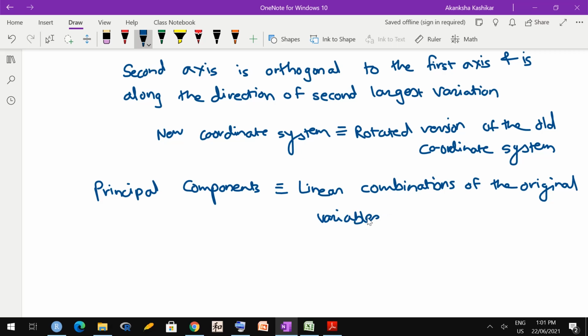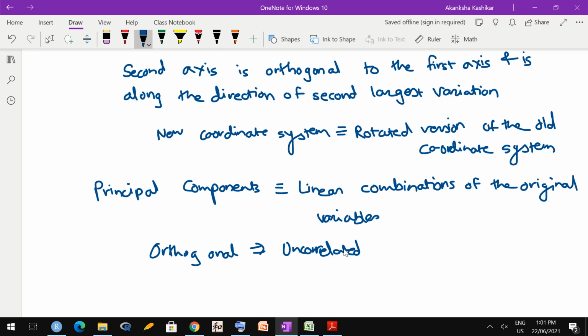Okay, so you choose first linear combination to be that which has largest variation. Variation in the sense variance. You choose second linear combination to be that which has second largest variance and is orthogonal to the first one. Okay, and because they are orthogonal, they become uncorrelated also. Because the second principal component is orthogonal to the first principal component, it becomes uncorrelated.